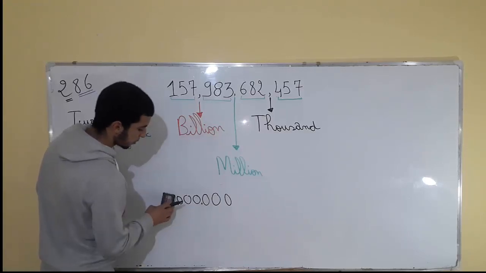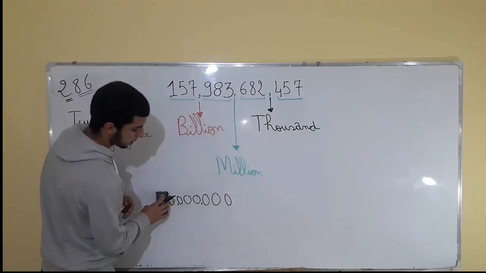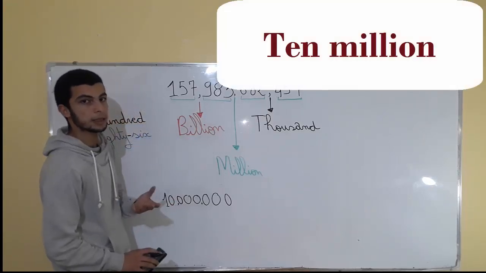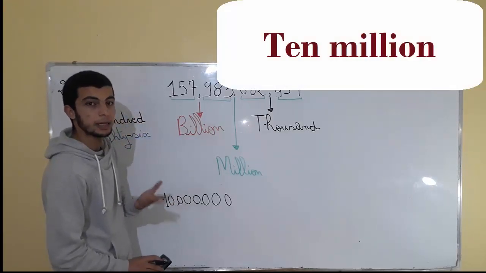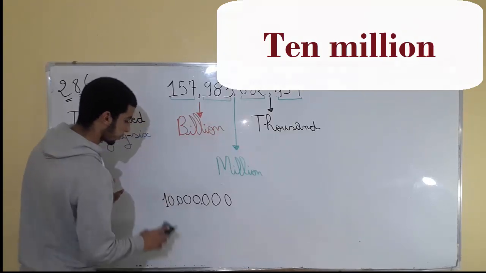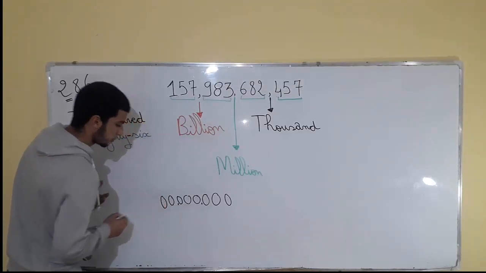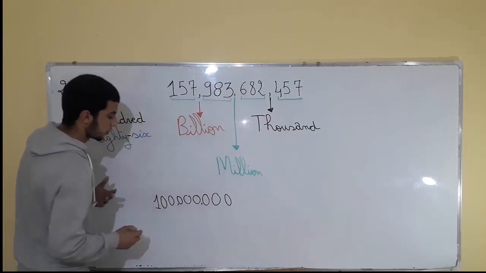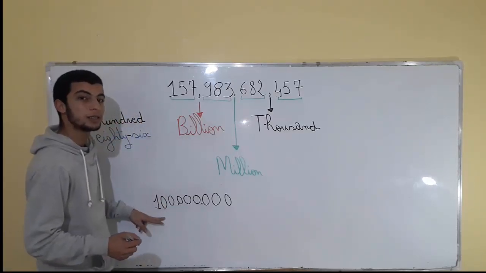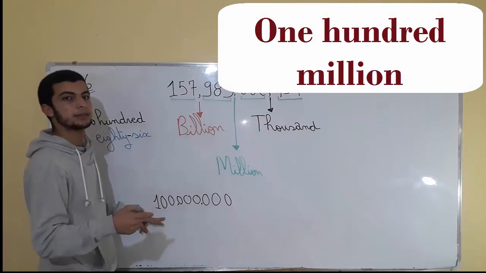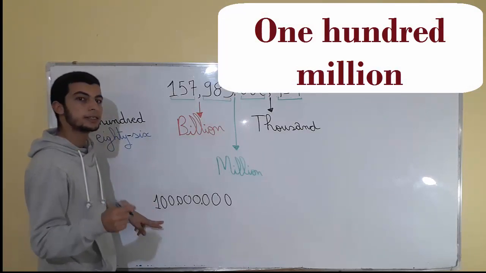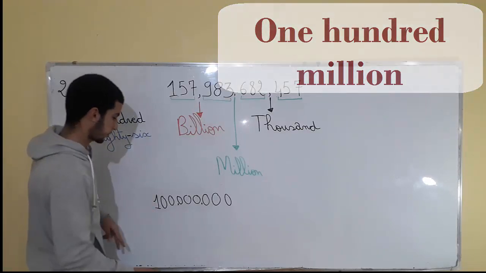So this is a million. So this is 10 million. Again, we add another 0. So it's 100 million.